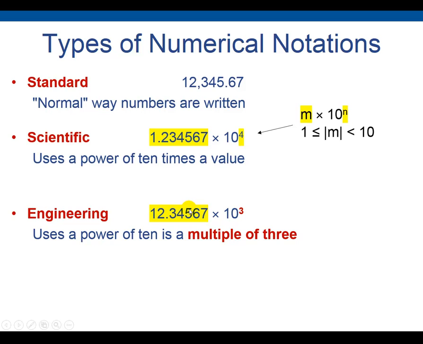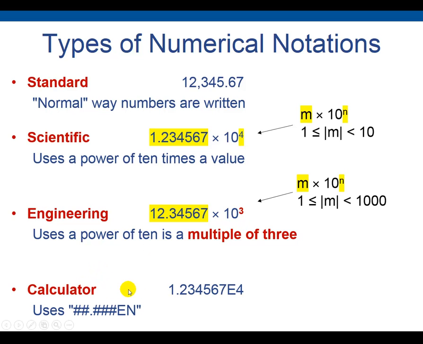But one difference between scientific notation and engineering notation is that the value of m should be higher than 1 and less than 1000, because we have to keep the superscript part a multiple of 3.